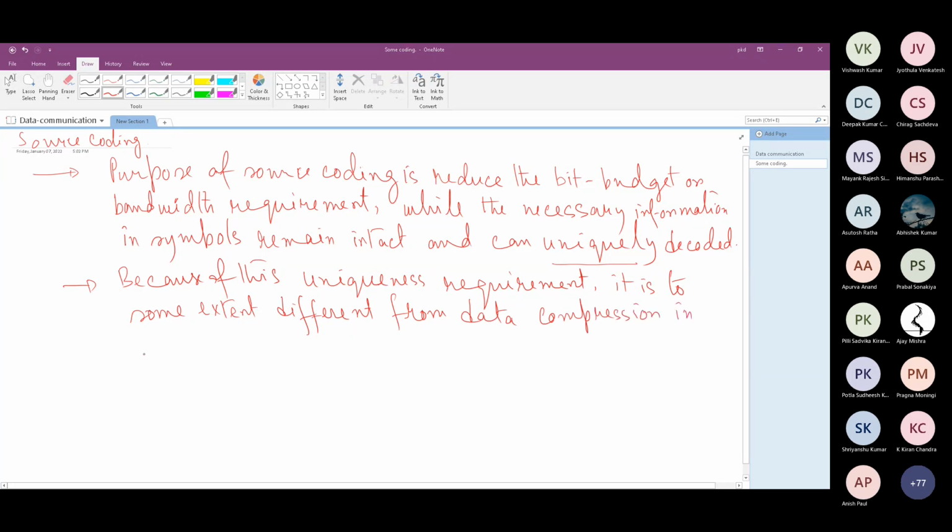In general, it is similar to lossless compression.